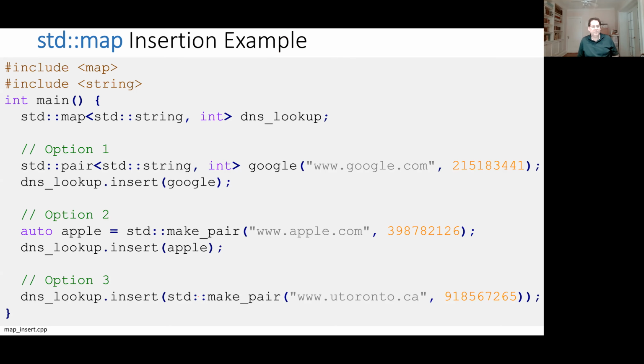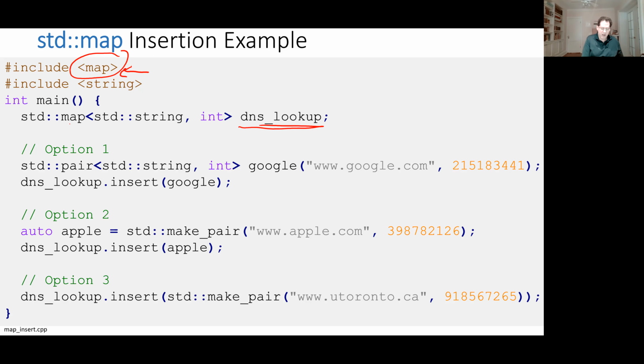Okay, so how does this work? Well, we need to first get access to the functions and the class. So we include map. That's where the code lives for this binary search tree in STL. I'm inside my main function. First thing I need to do is declare the binary search tree. I'm going to call it DNS lookup. That's the name of my map.